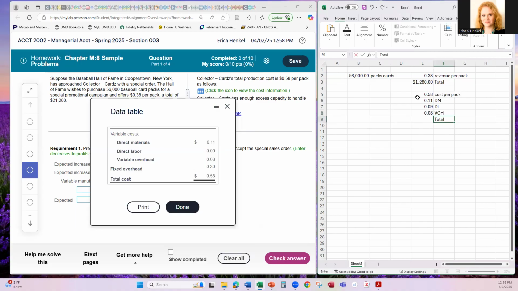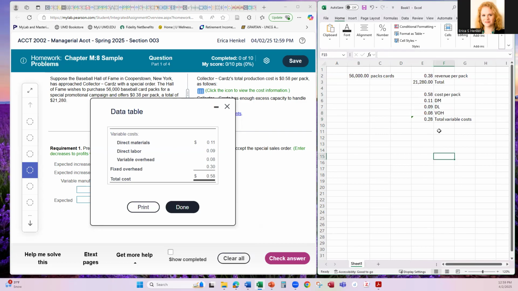Total variable costs are the 11 cents, 9 cents, and 8 cents, or 28 cents per pack, okay? All right, that's important to keep in mind.